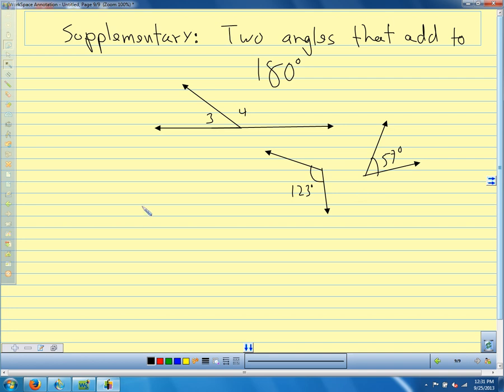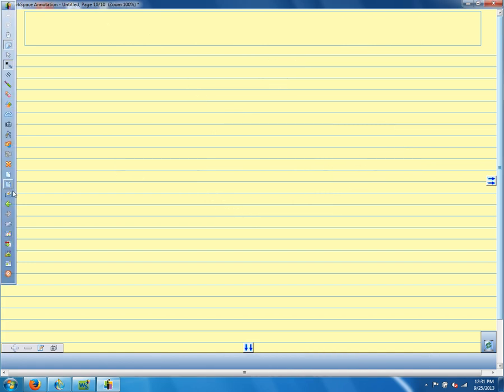We say they're supplements of each other. Complements, 90 degrees. Supplements, 180 degrees. All right, so I want to draw a picture, and I want to ask some questions about this picture. So here's my picture.